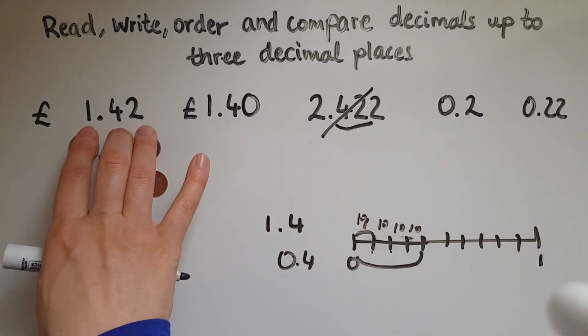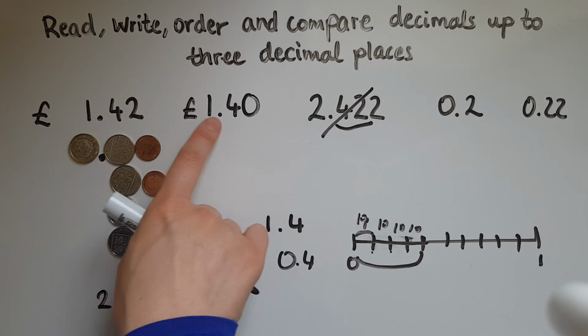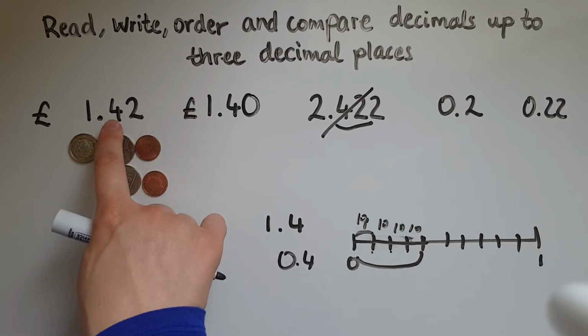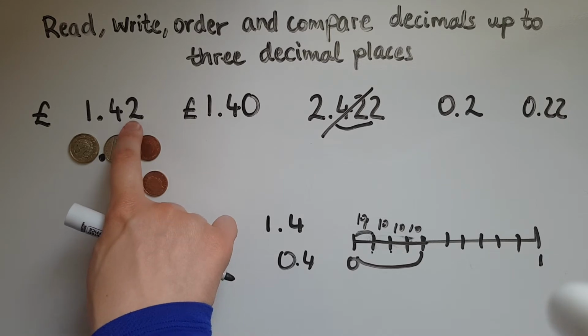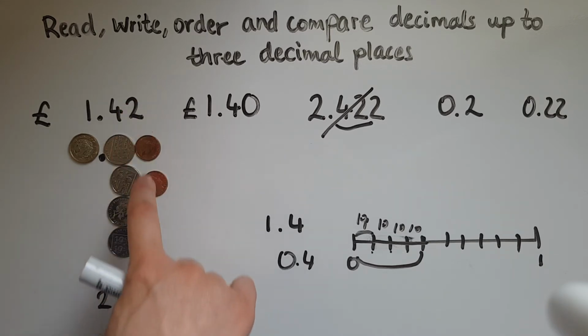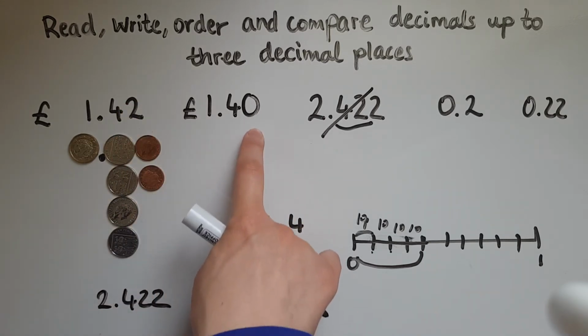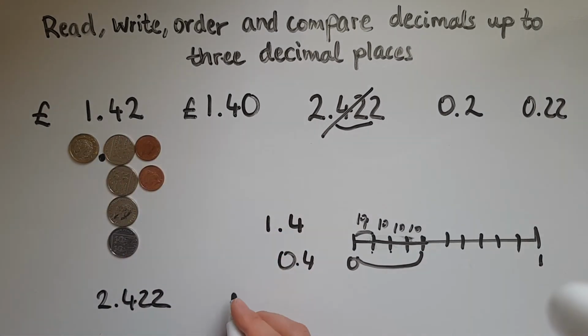Then I would go for the one that has at least a pound. But these two, they both have a pound. This has 40 pence and this has 40 pence. This has 2 extra pennies, as you can see. This doesn't have any of those. So I'll go for 1.42 and then 1.4.